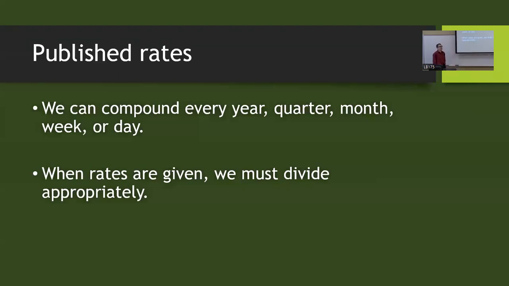If I said we're going to compound every year at 4%, that's fine. If I said we had to compound 4%, but I have to do it quarterly, I'm going to take that 4% and divide it by 4. That 4% is a published rate that looks like a yearly rate. So we're going to divide it. If I did quarterly, I'd divide it by 4. If I did monthly, I'm going to divide it by 12. Does that make sense?